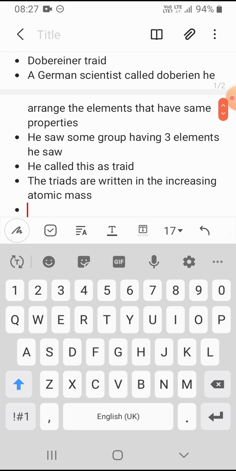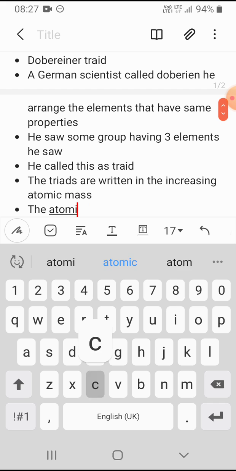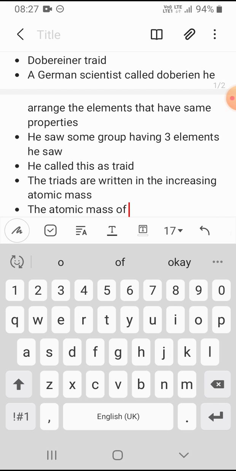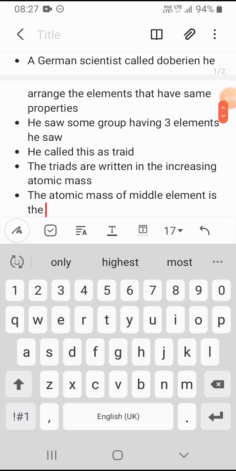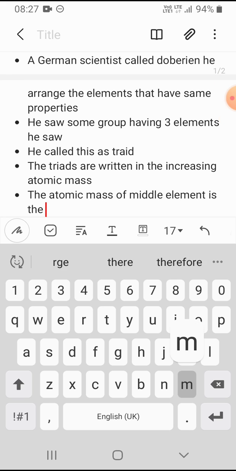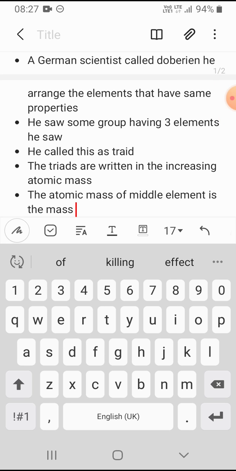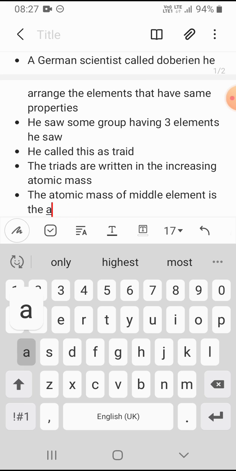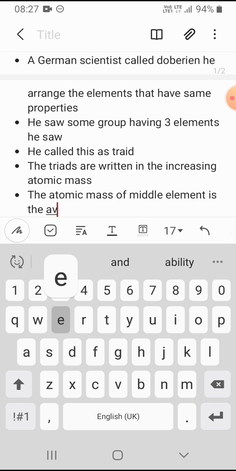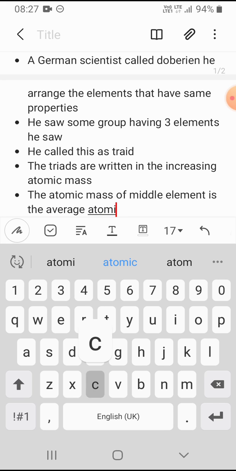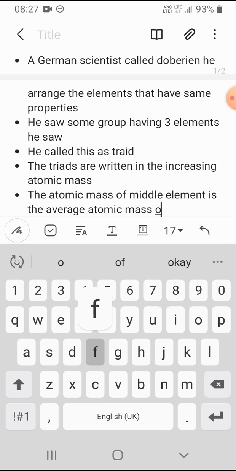The atomic mass of the middle element is the average atomic mass of the other two elements.